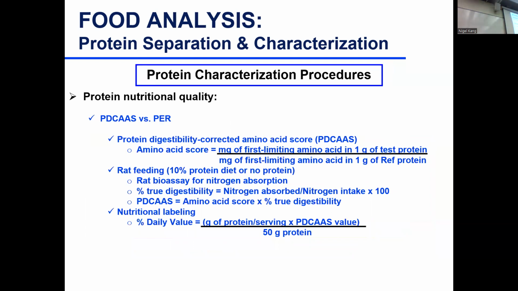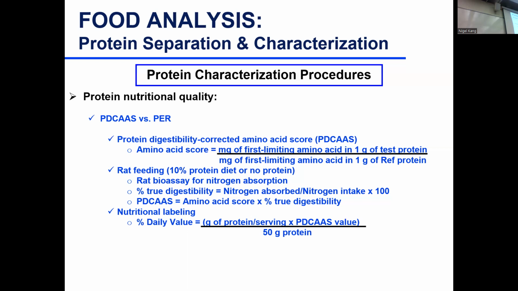Nutritional quality. We can assess nutritional quality with PDCAAS and PER. PDCAAS, or protein digestibility corrected amino acid score, can be done using in vivo and in vitro methods. The first step is to determine the amino acid score.